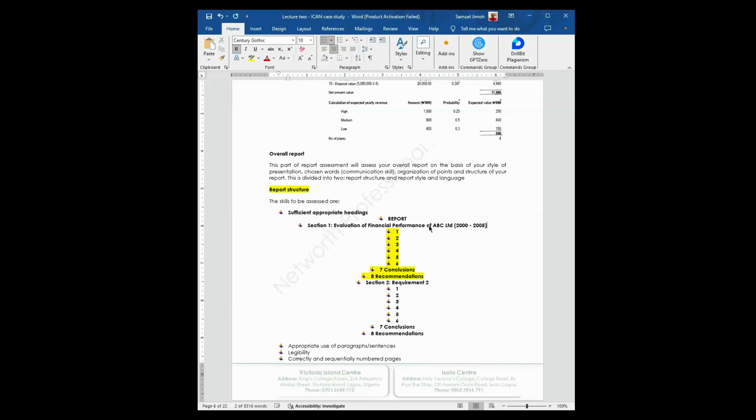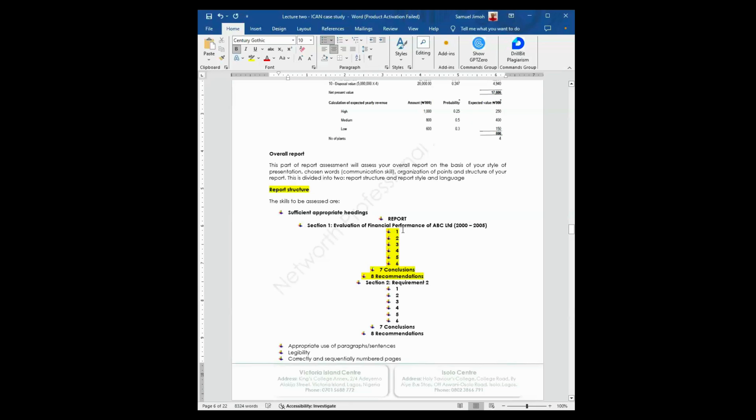That's about 6 years, right? Or 5 years. Okay, so you can see clearly that the assessor will know that under this section 1, this person is evaluating the financial performance of the company between this period.